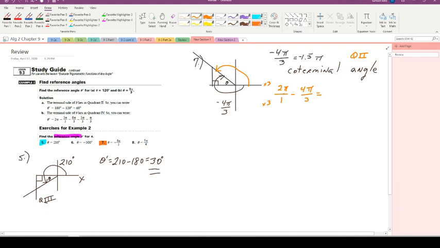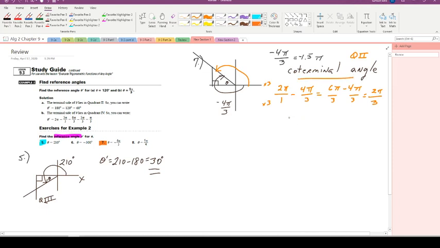Which gives me 6 over 3. So 6 pi minus 4 pi, and this is over 3. That gives me 2 pi over 3. But that's my coterminal angle.